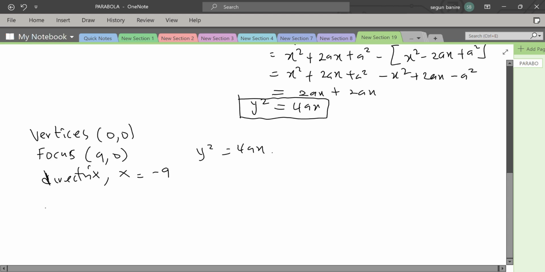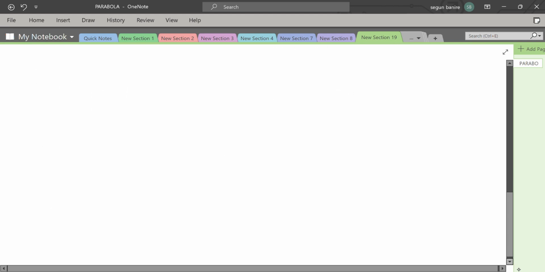Alright, let's look at another condition where the equation is given as (y minus k) squared equals 4a times (x minus h). In this case, the vertex is not at the origin, it is at h comma k.